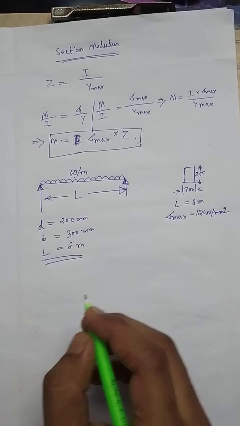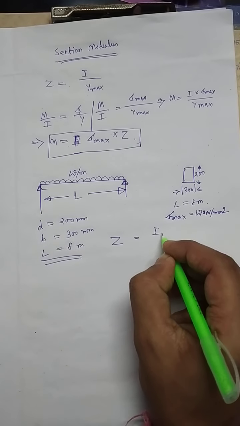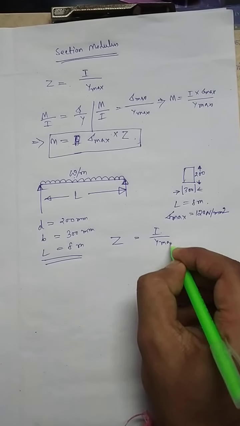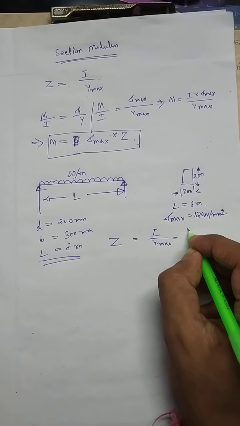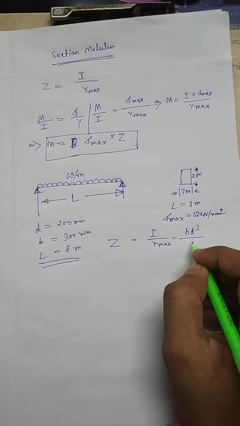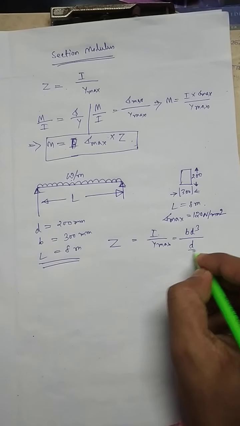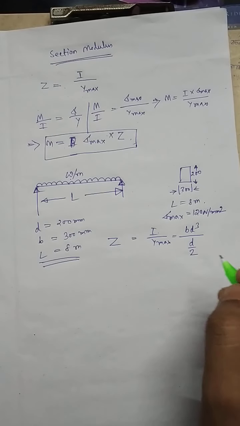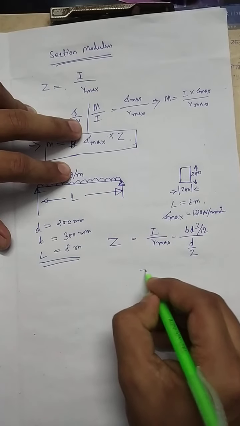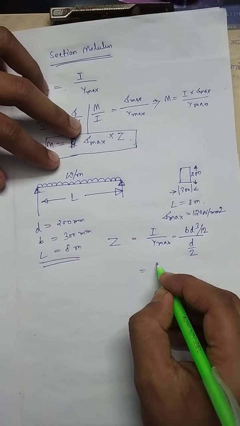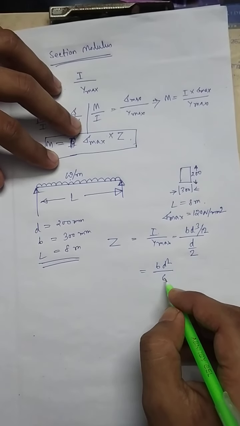So first of all, we need to find out Z, where Z is equal to I by y max. Now for I, for a rectangular section, we know bd cube by 12, and y max is d by 2. So bd cube by 12 divided by d by 2 becomes bd square by 6.